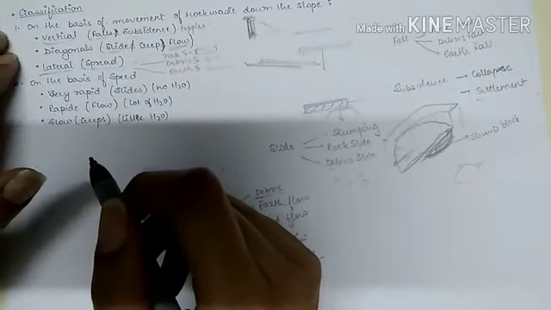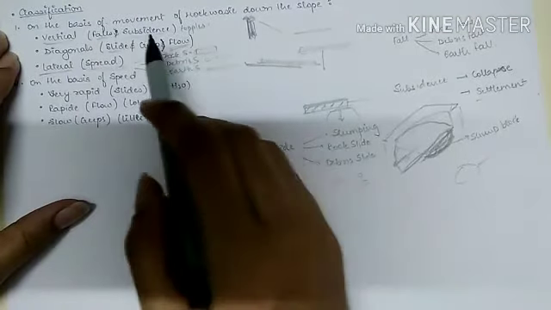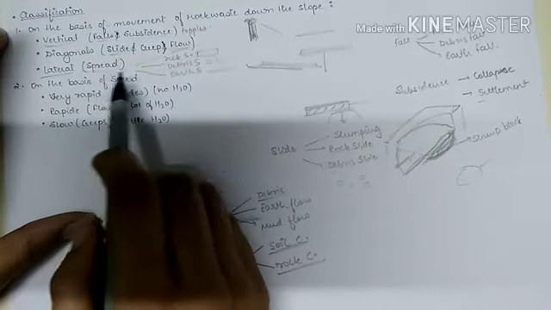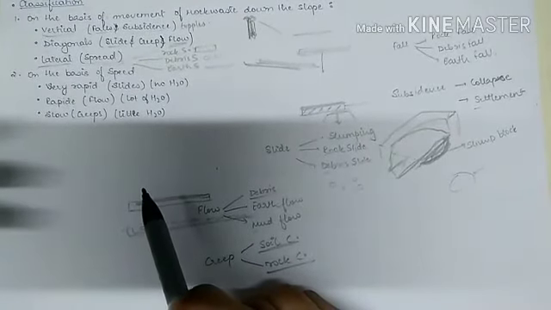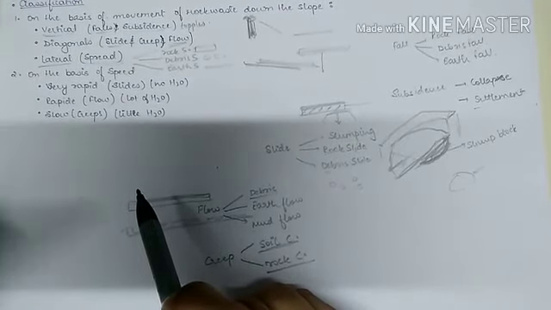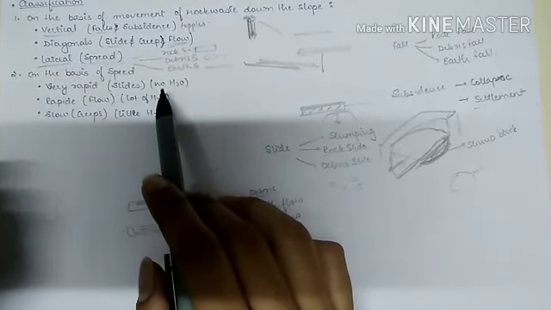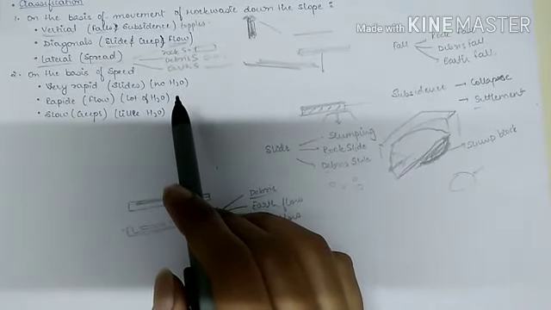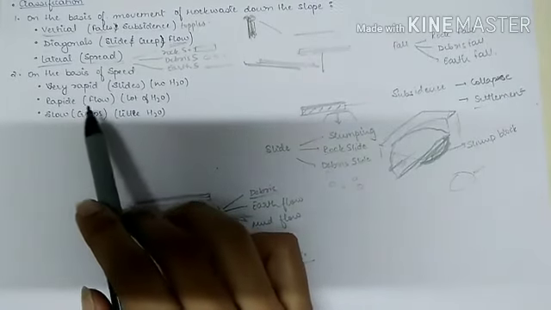Now this was the classification on the basis of movement of rock waste down the slope. Next we have classification on the basis of speed. On the basis of speed we have three types of mass movement. First is very rapid, also known as slide. In slide, no water is required. Next is rapid, which involves a lot of water, and flows are involved.